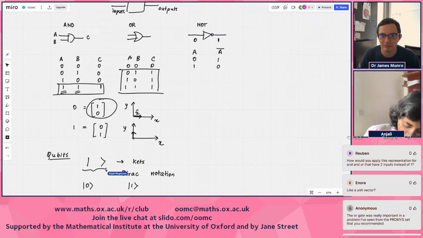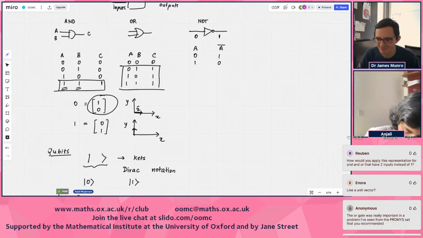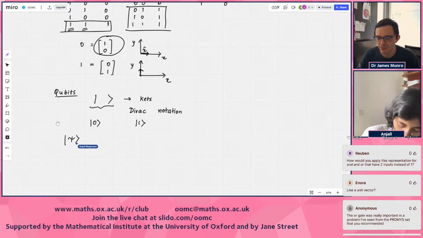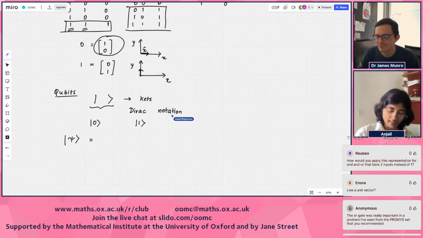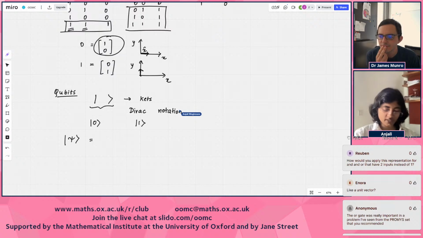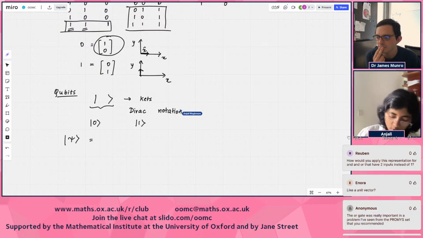So if I write a quantum state, psi, I initially had classically that the quantum state could either be 0 or 1, as we previously saw. But what happens in quantum mechanics is you can have a superposition of two states, and I'm going to explain what that means.